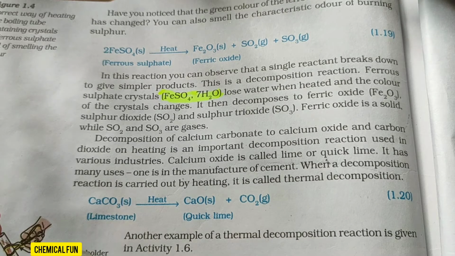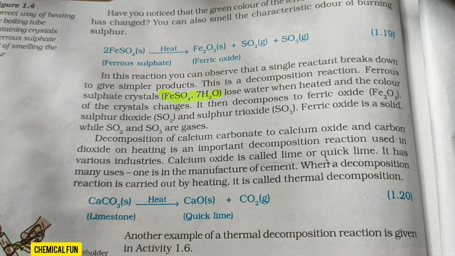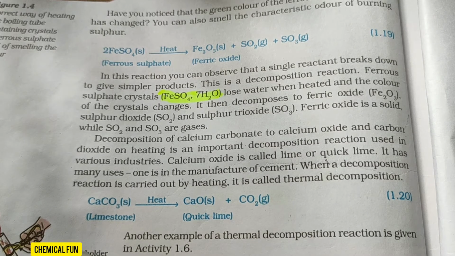So that's why you need to know the names. Okay, so it has two names. The chemical name is calcium carbonate and the common name is limestone. So when we heat limestone, it breaks into quicklime and carbon dioxide gas is evolved. This is a very interesting reaction from our industrial point of view.